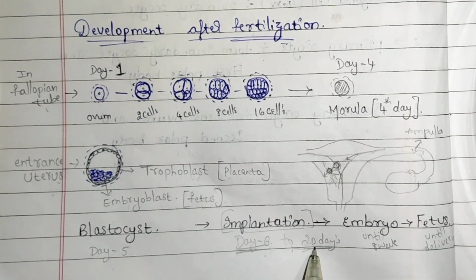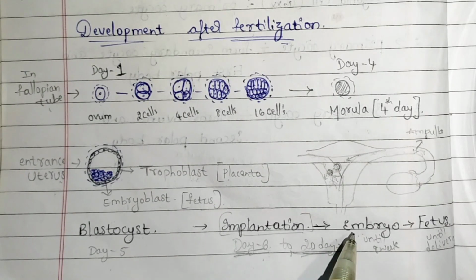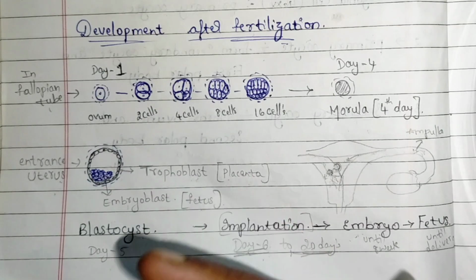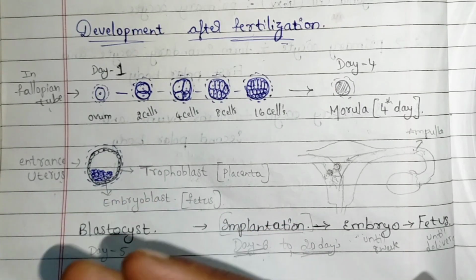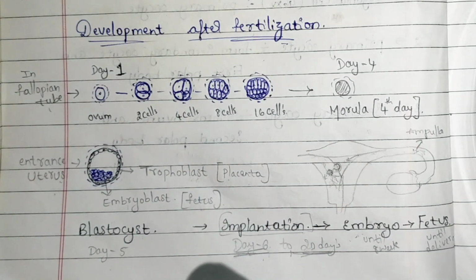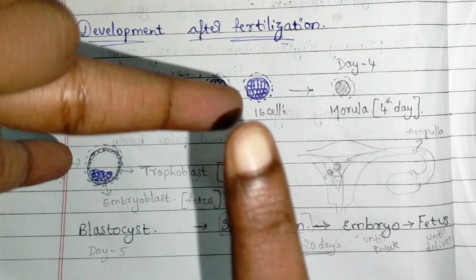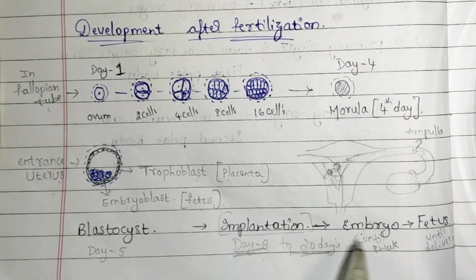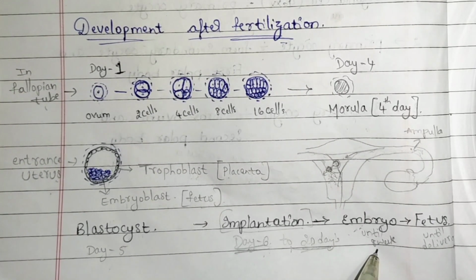By the end of 20 days, it enters the embryo stage, and at the stage of embryo, the fetus will be around 1 inch in length, and it has already heart functioning. So the functioning of the heart is already started, the CNS is started, and this embryo stage is seen until 8 weeks. 8 weeks in the sense, until 2 months, it will be in the embryo stage.